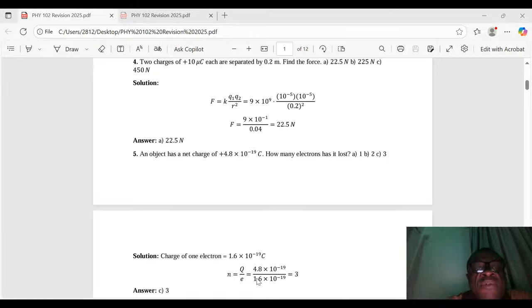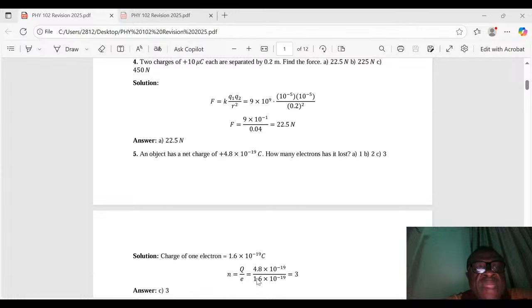See the formula for Coulomb's law. F is equal to K Q1 Q2 over R square. Remember that K is a constant. The value will already be provided. So if you now substitute, you have 22.5 Newton. So the correct answer is A.